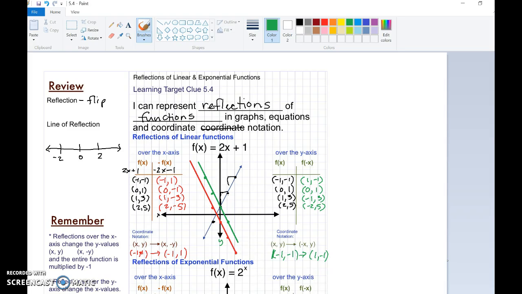All right, so now let's take a look at the equations and see what changed on the equations. So remember, our original equation was 2x plus 1. And let's take a look at the graph of this green line and write the equation of it.